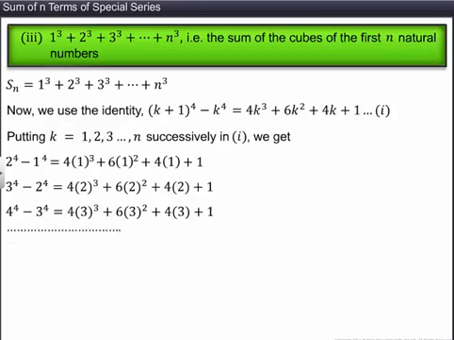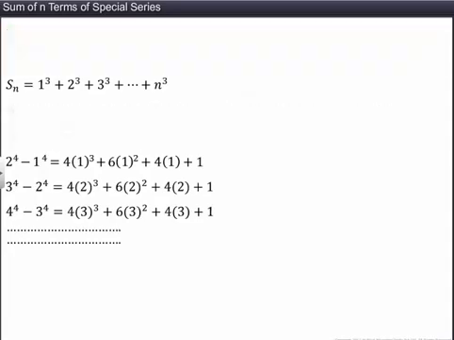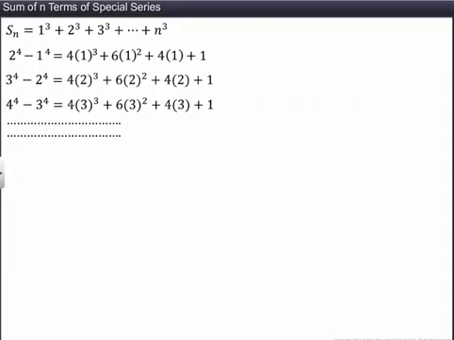On substituting k is equal to n, we get (n plus 1) whole raised to the power of 4 minus n raised to the power of 4 is equal to 4n cube plus 6n square plus 4n plus 1.